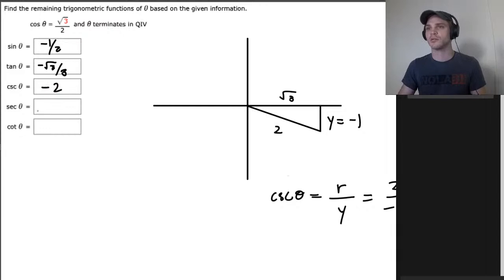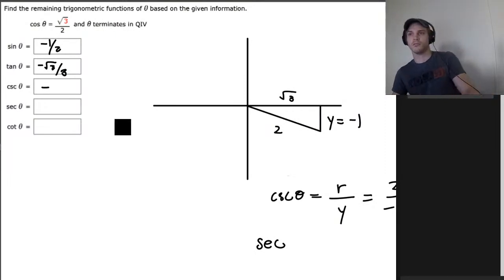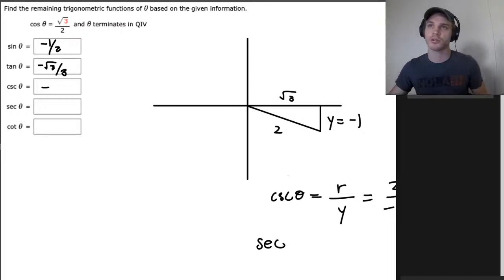And the secant is the reciprocal of the cosine, which was actually given to us. Oops. Oh, interesting.